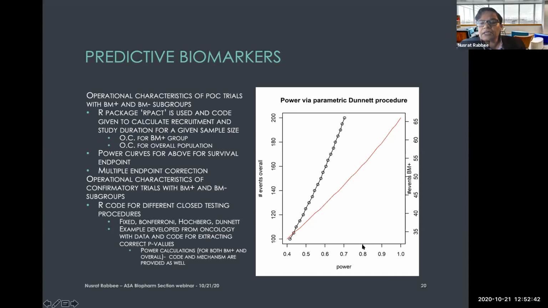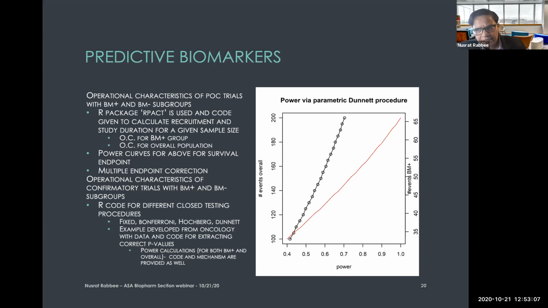So you can see that 80% power is not reached in this example for the overall group, but it is for the biomarker positive group. So that is something that you may want to live with in a phase 2 trial. You can say, hey, look, we can only get 200 subjects and 140.